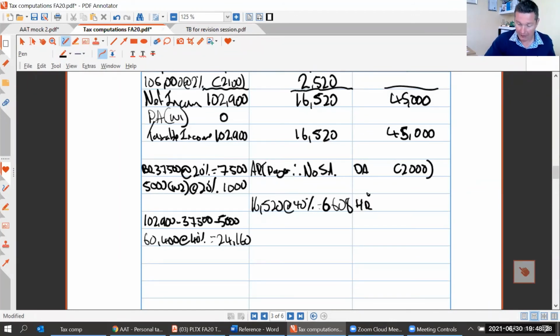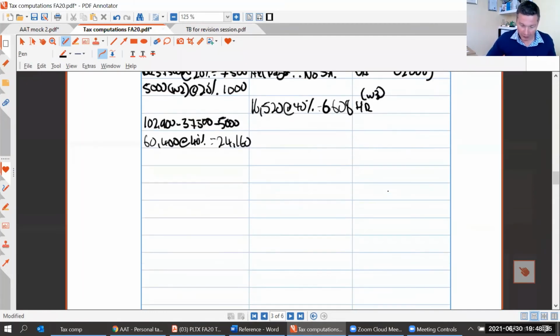I'm going to reference this working, what are we up to? Working 3 now. So working 3, we've got a bit of space on here. Our additional rate band is £155,000. Everyone okay why our higher rate band limit is £155,000?